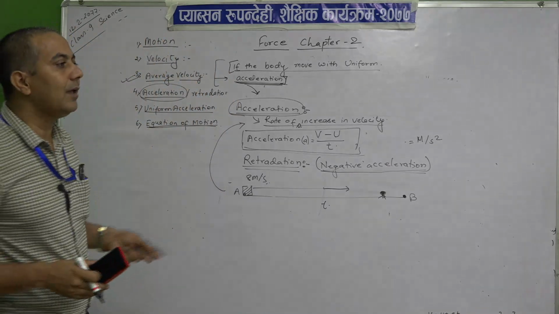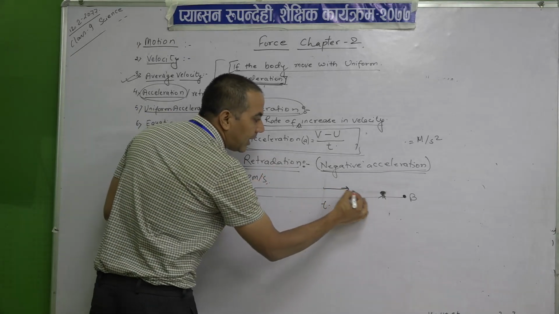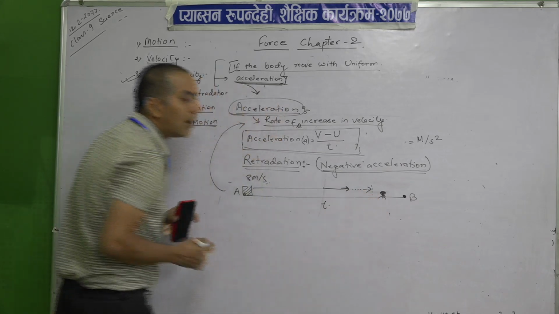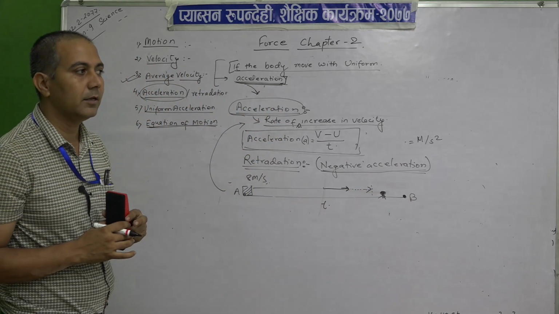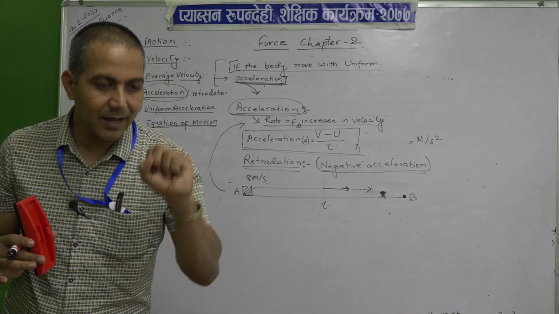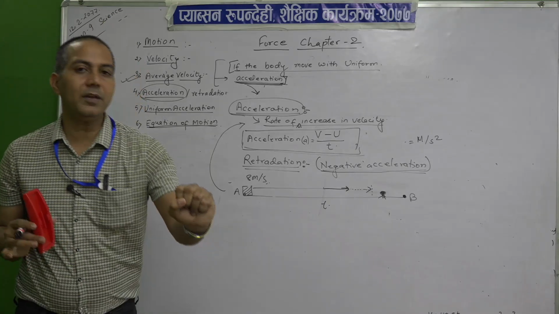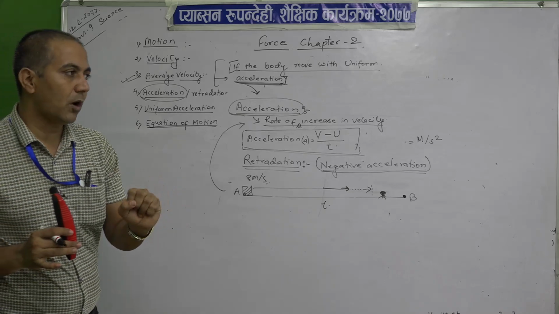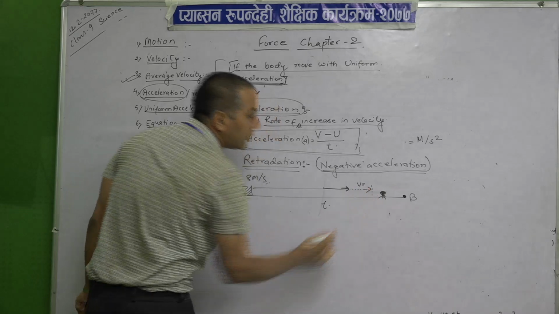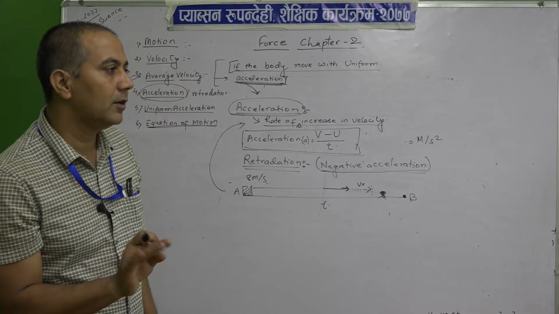He will apply the brake. Then after some time the vehicle comes to rest, isn't it? After the brake is applied, it may stop at the same distance, or it moves a bit and then stops. What will be the final velocity when it comes to rest? The final velocity will be 0.